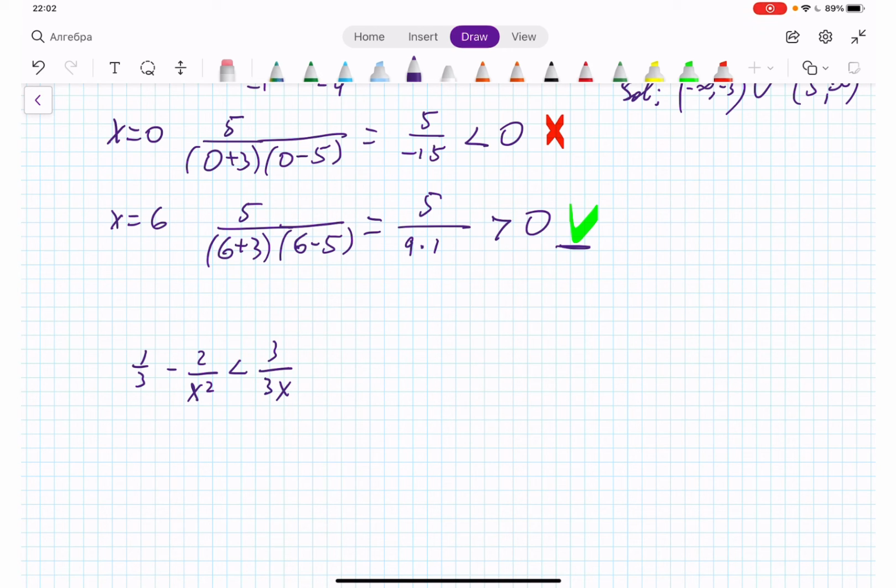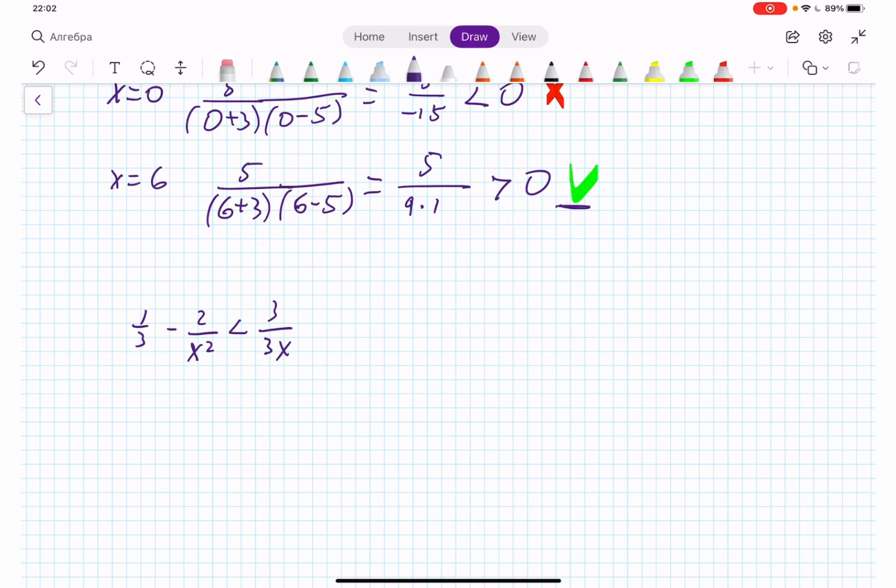Okay, so solution. First thing we are going to do, bring to common denominator. So common denominator, we have 3 and x squared. Common denominator is going to be 3x squared, which means, let me rewrite it separately, not to scratch on the original problem.